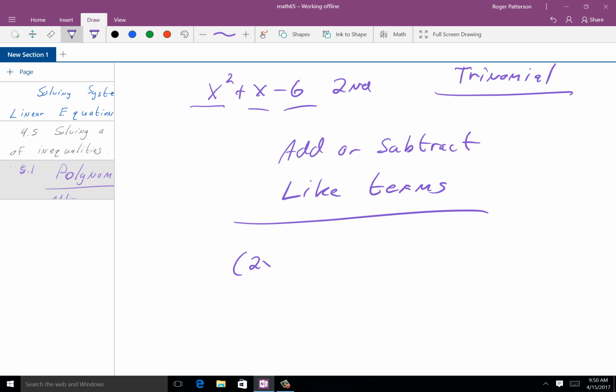These are the first two. First times outside. Inner terms and the last terms. That's why they call it FOIL. First times first. First times outside. Inside. Last. It's multiplication of polynomials, but it's always called FOIL.